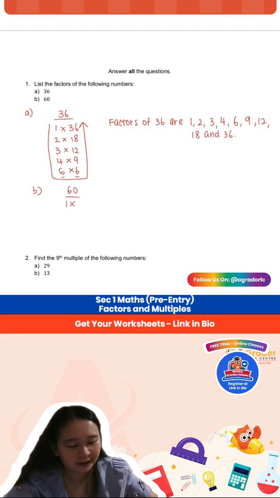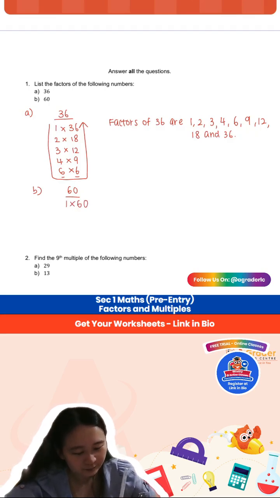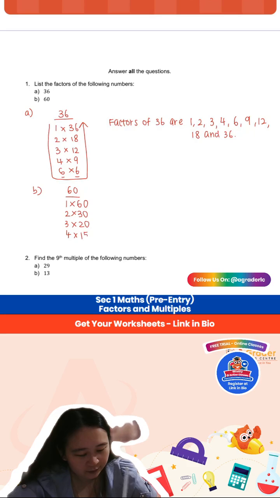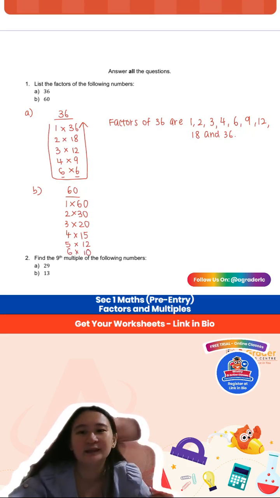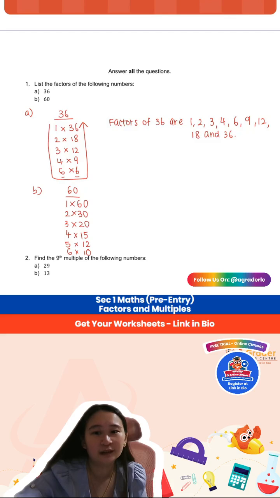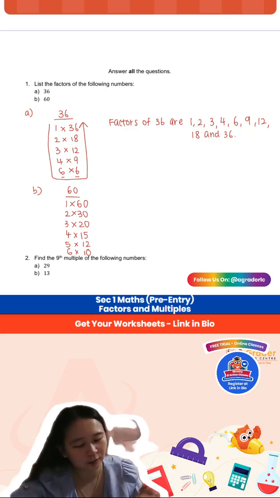So we have 1 times 60, 2 times 30, 3 times 20, 4 times 15, 5 times 12, and lastly 6 times 10. Because after 6 is 7, 8, and 9, and 60 cannot be divided by these three numbers, you go on to 10. Then you stop here.